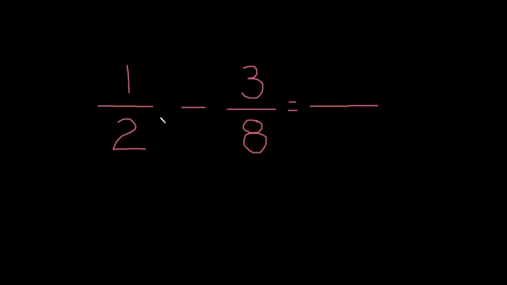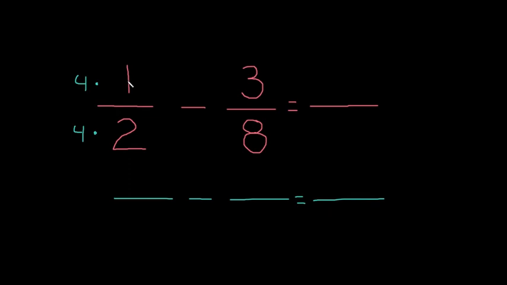Our last one, we're subtracting. The denominators are different. Will the little number fit into the big number evenly? In this case, yes. What can we multiply this 2 by to make it 8? Well, 4. And if we do the bottom, we're going to do the top. So let's go ahead and make our fraction.